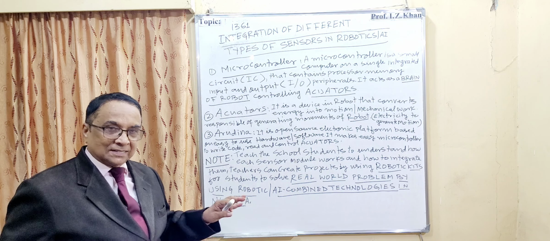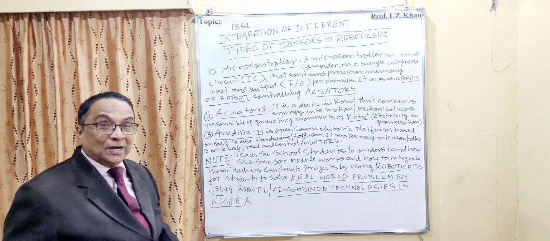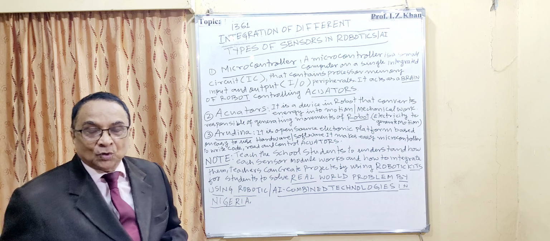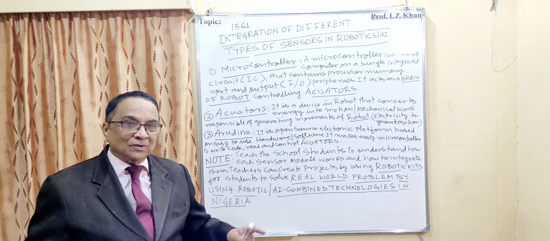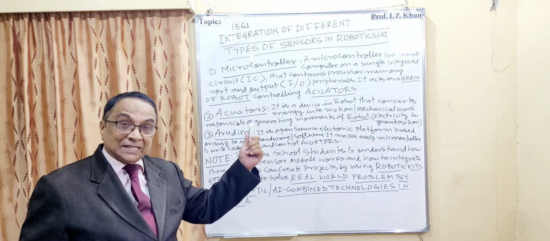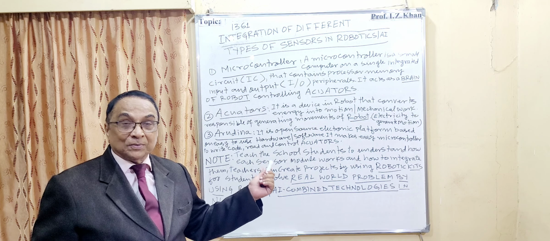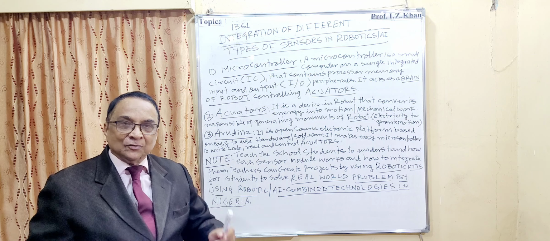That is what teachers are supposed to supervise, and it is only possible when in schools there are dozens of robotic kits combined with artificial intelligence. All those sensors, what you have seen in the image, are provided in the form of kits.